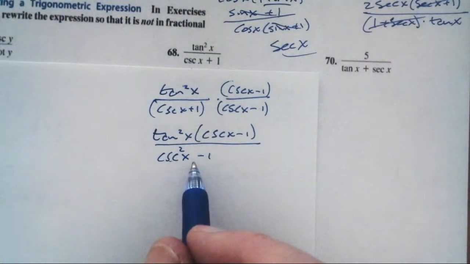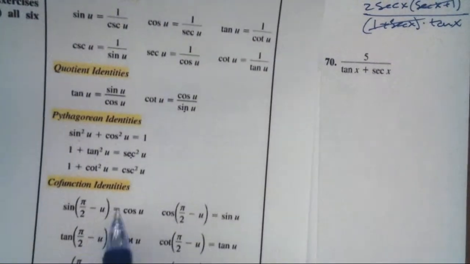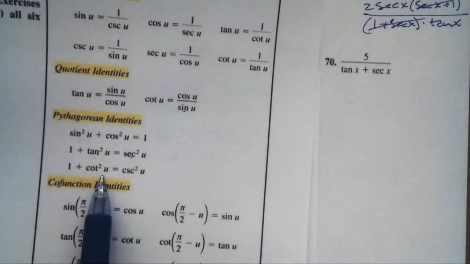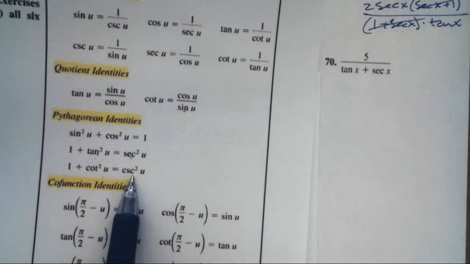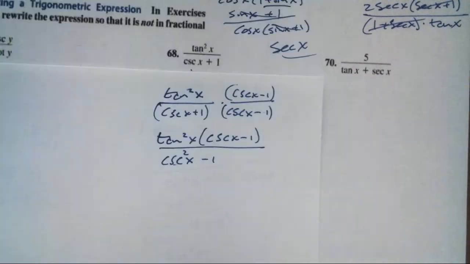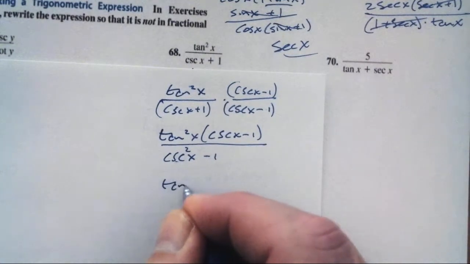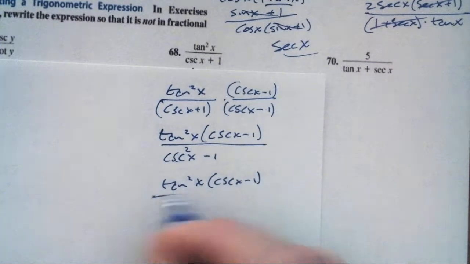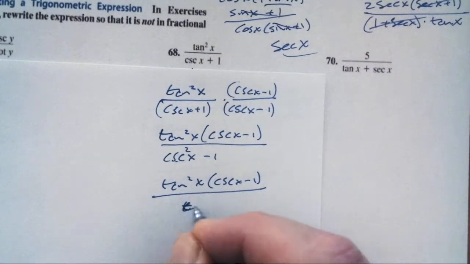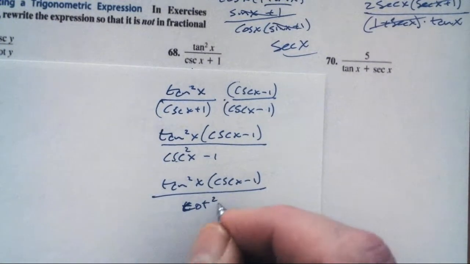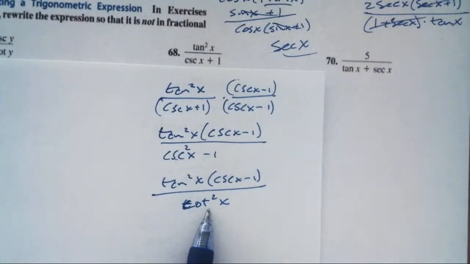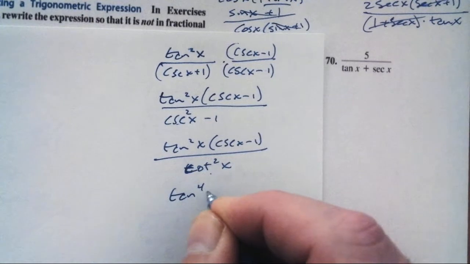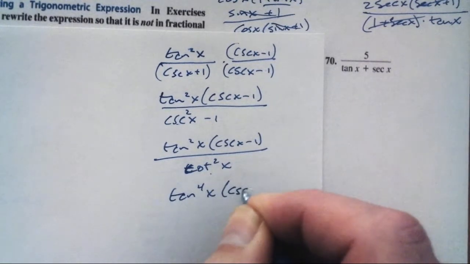Well, Pythagorean maybe. Cosecant squared minus 1 is cotangent squared. So this is tangent squared x times cosecant x minus 1 all on cotangent squared x. The reciprocal of that is tangent squared, so this becomes tangent to the fourth x times cosecant x minus 1.